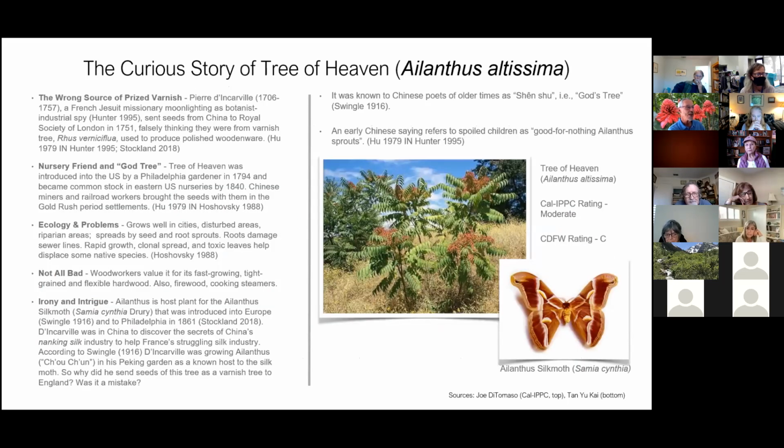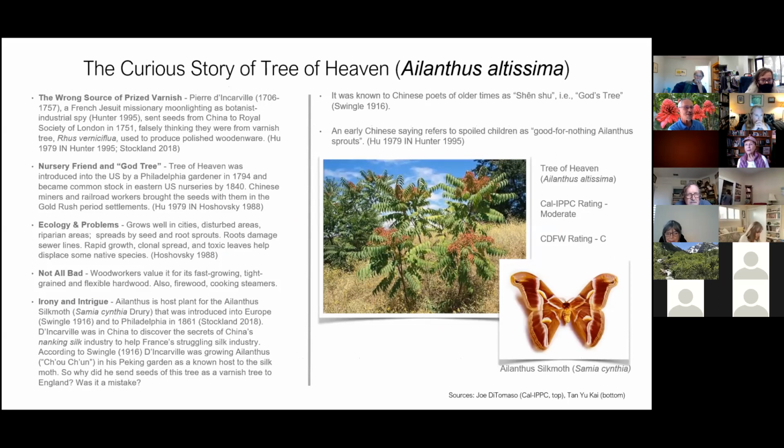So here's a curious story. Tree of Heaven was brought in to the United States. First, it was brought from China to Europe, and the way it was brought was this gentleman, I don't know if it's a gentleman, he was a botanist industrial spy, Pierre d'Incarville.